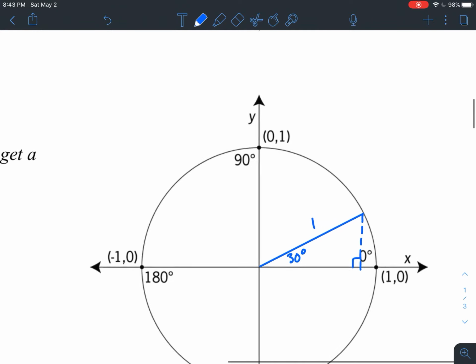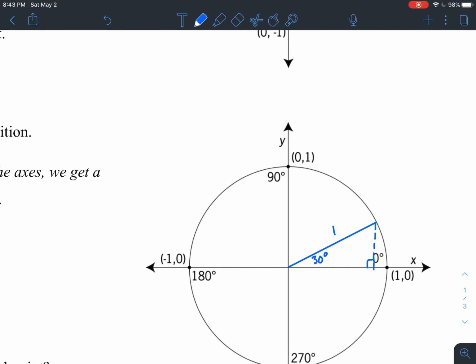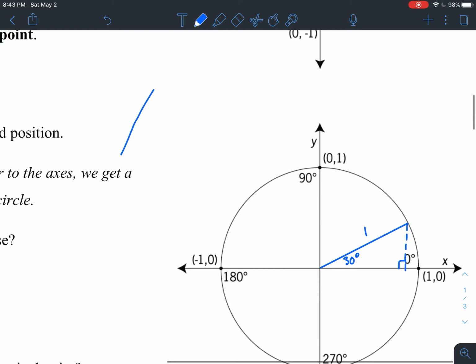And in a 30, 60, 90, my short leg, I have that drawn backwards. That should be switched around. 30 is the small angle.